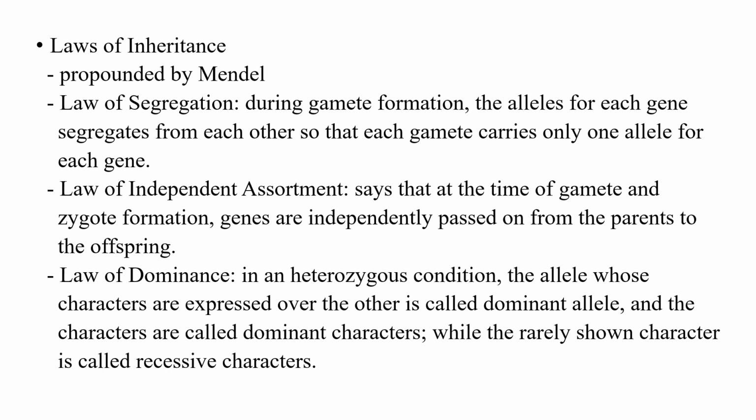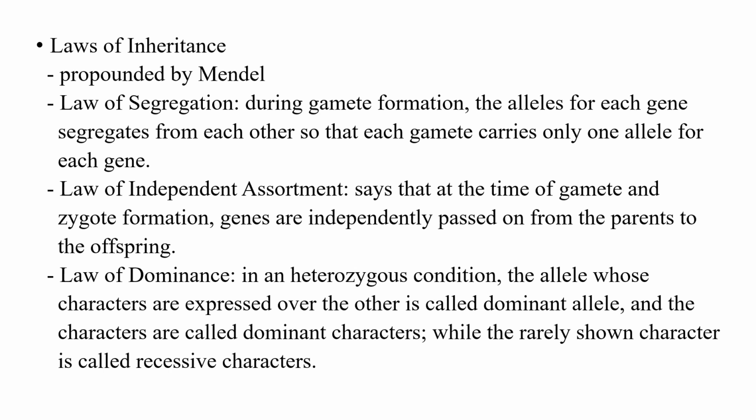Then the third law is the law of dominance. The law of dominance says that in a heterozygous condition, the allele whose characters are expressed over the other is called the dominant allele, and the characters are called dominant characters, while the rarely shown characters are called recessive characters.